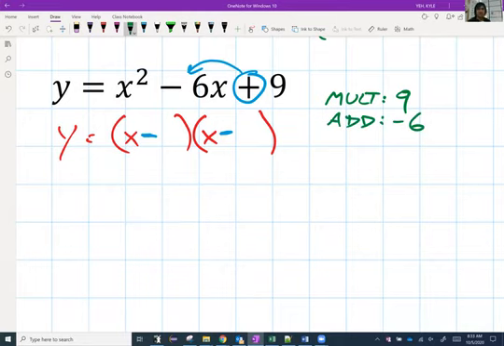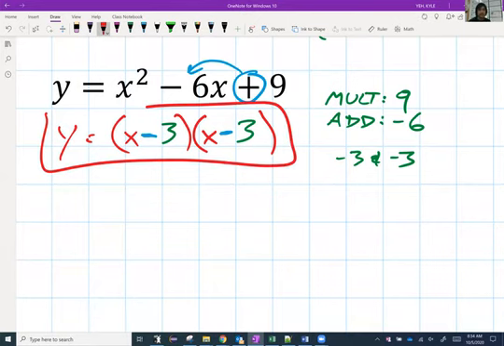What multiplies to be 9 but adds to be -6? How about -3 and -3? -3 times -3 is 9, -3 plus -3 is -6. And I knew they were both minuses because of my signs. So -3 is inside there.